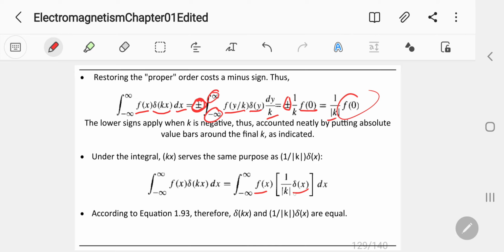We can just put 1 over k inside because that's just a constant. So therefore we have delta kx equal to 1 over absolute value of k delta x.